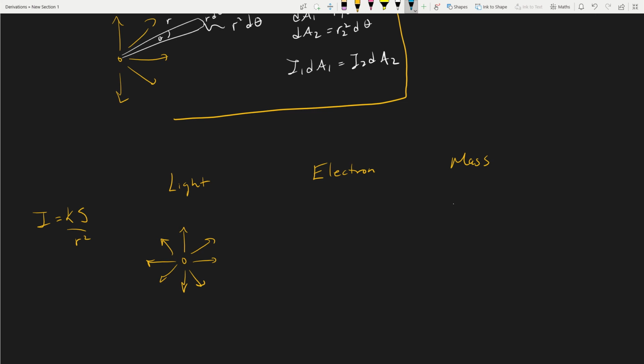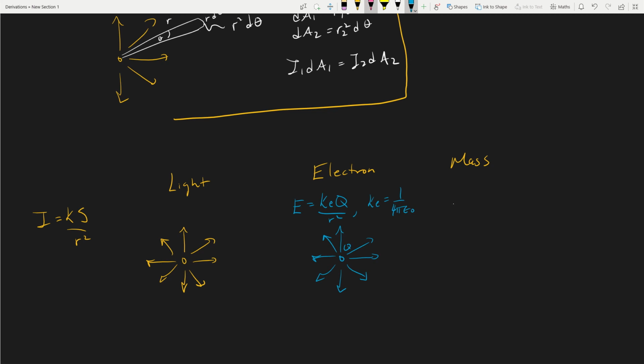Well, you may or may not be surprised to know that if you have an electron that has a field associated with it, we get the exact same equation. We get the electric field E is equal to Ke times Q, in this case the source charge plus Q, over r squared, where Ke is equal to 1 over 4 pi epsilon naught.